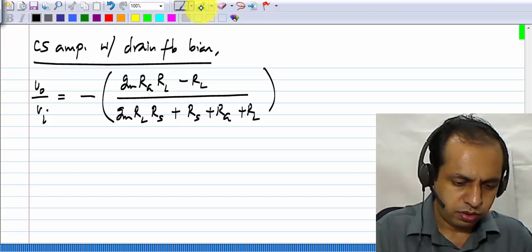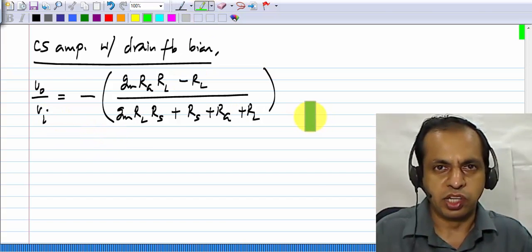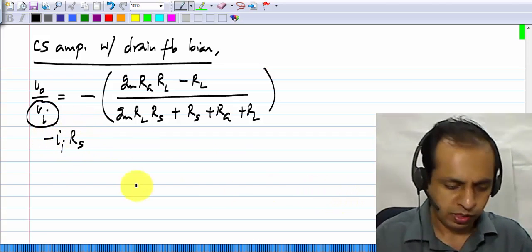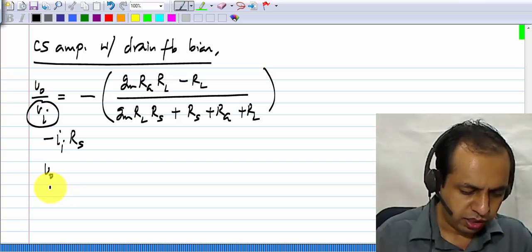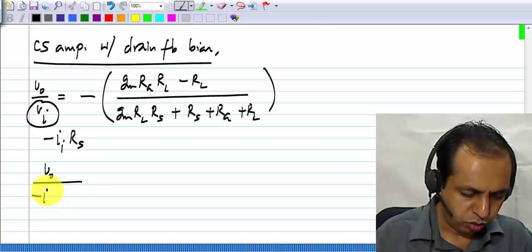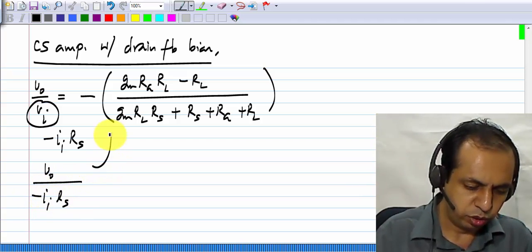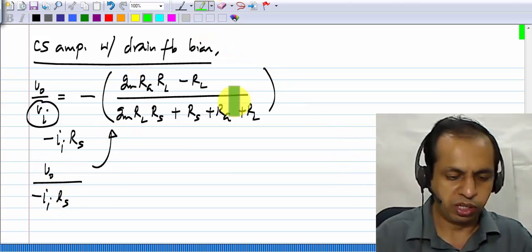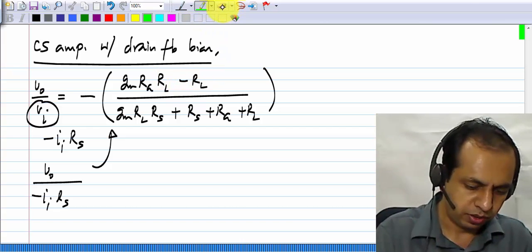Now exactly the same thing works for us, except I have to replace this Vi with minus II Rs. So if I do that, I get V naught by minus II Rs to be equal to that, and I want only V naught by II. So I multiply this with minus Rs.